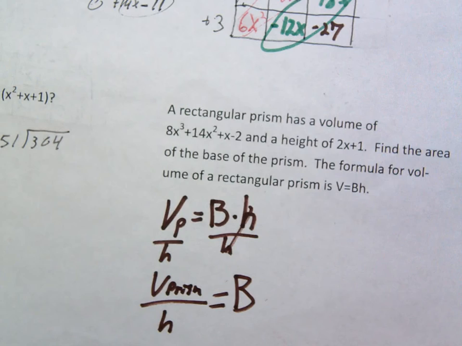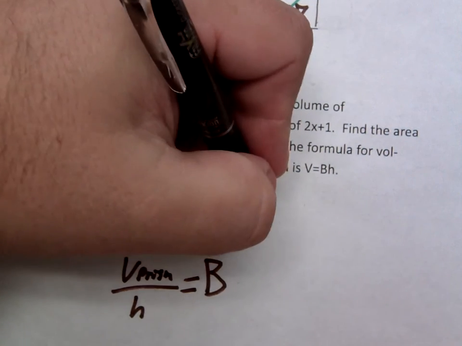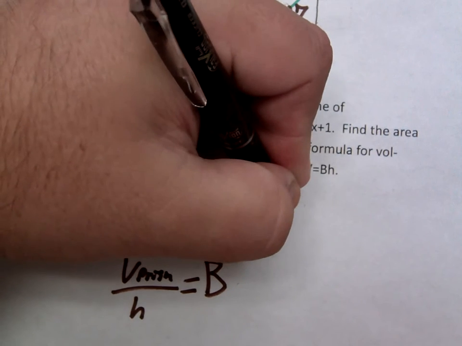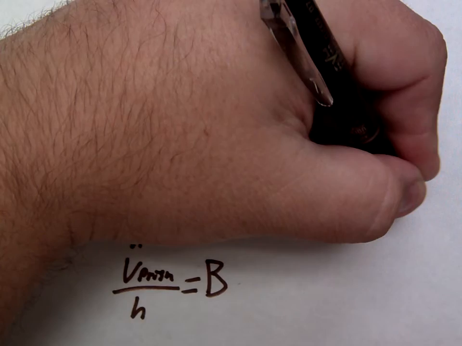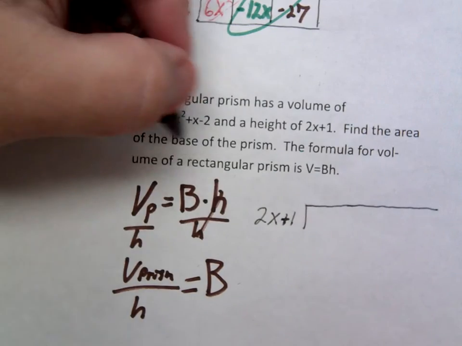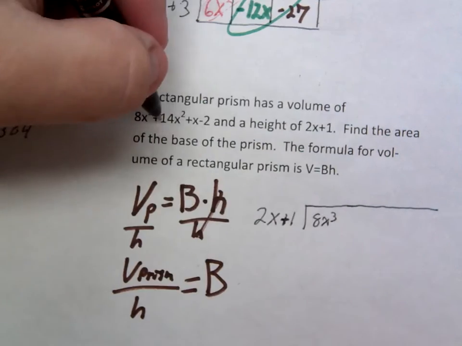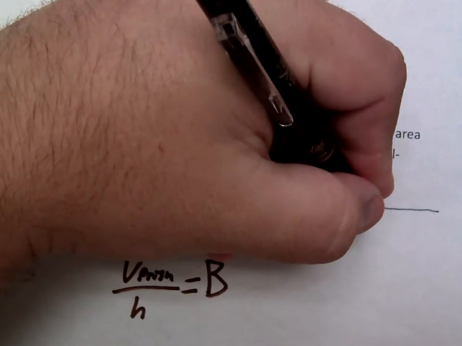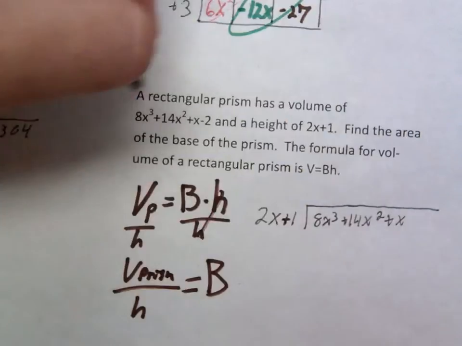All right, we can use the box method, or we can use the long division method. We've used box quite a bit, so I'm going to use long division this time. So we're going to put our divisor out front. And we're going to put our dividend in the middle, underneath, 8x cubed, 14x squared, plus x minus 2.